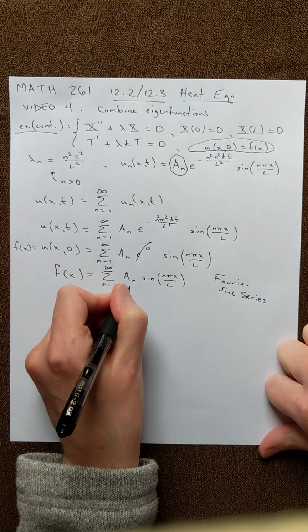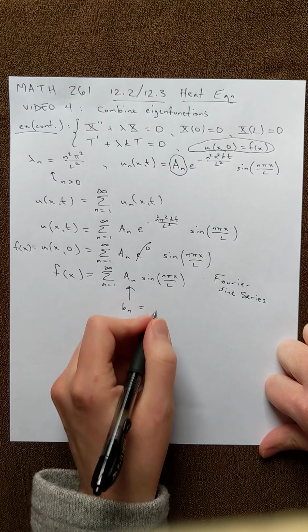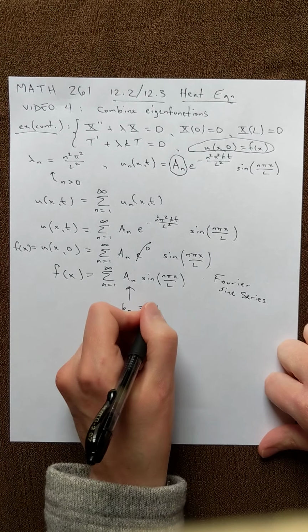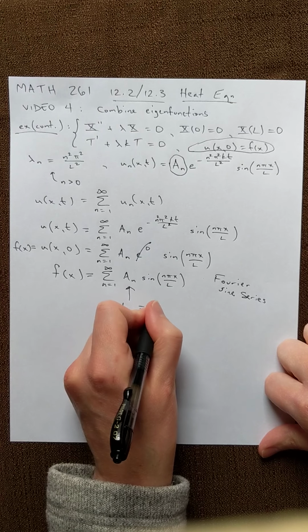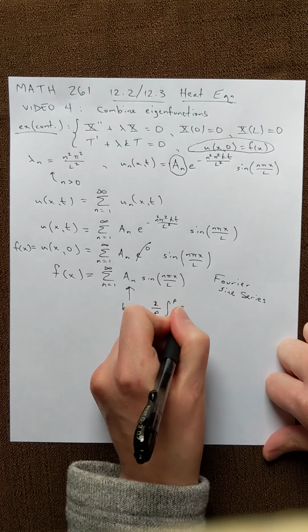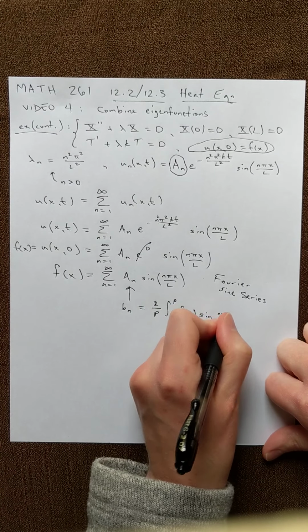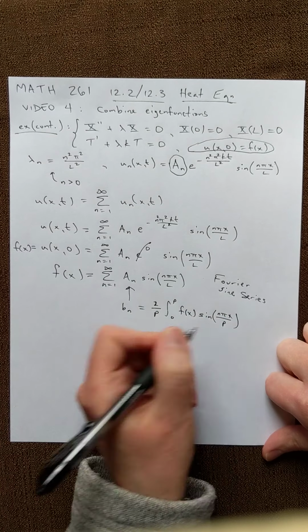And so this capital A_n is really our B_n from the sine series formula, which is defined to be 2 over p integral from 0 to p of f of x sine of n pi x over p.